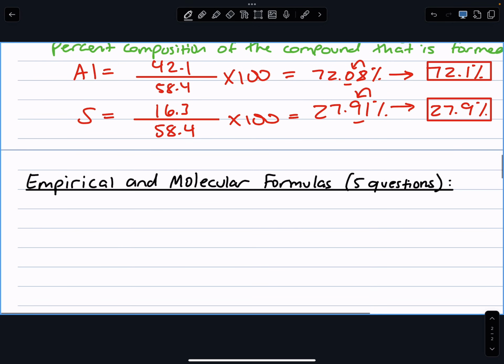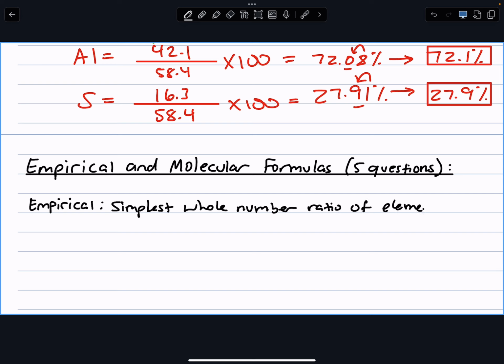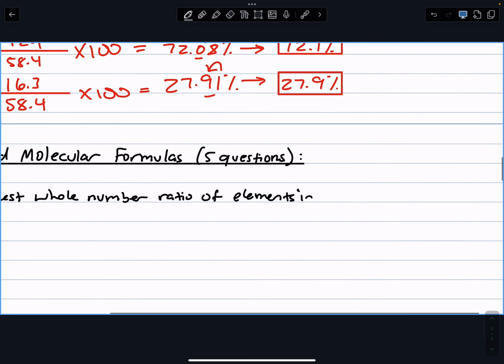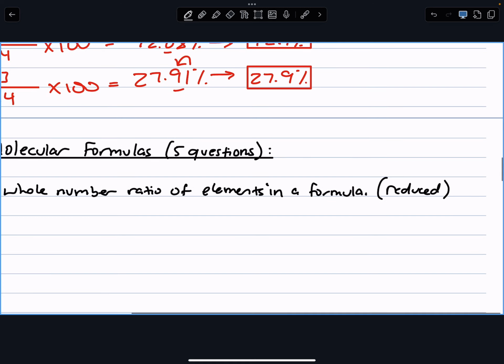Okay, so for empirical and molecular formula, you have to remember 2 things. Empirical formulas are the simplest whole number ratio of elements in a formula. Reduced to the lowest ratio.